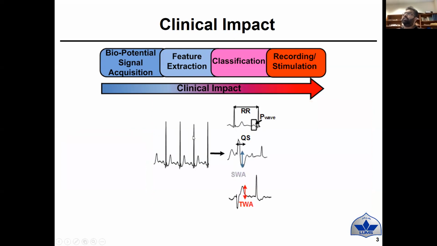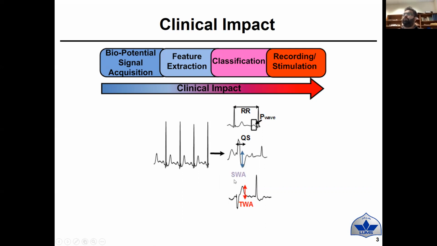In this task, you have ECG data similar to what is shown here, and you are going to extract some features. Those features will be R to R, and I will explain what the R, the P wave, the QS, the S wave, and the T wave are. I will elaborate on all of these in a moment.